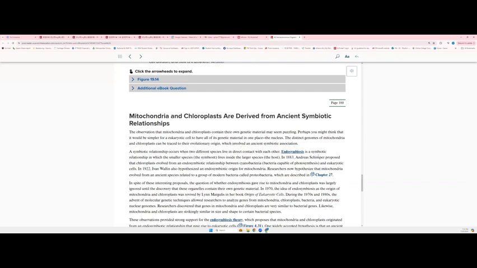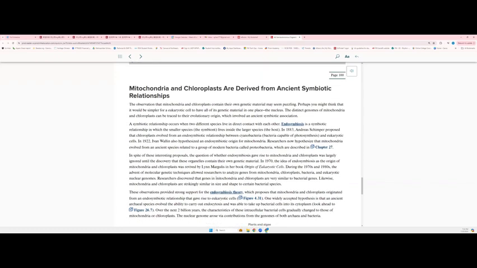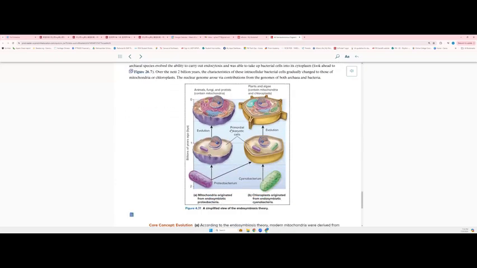This concept is a relationship in which a small species lives inside a large species. So basically, what is this hypothesis saying? This chart gives the details about how this process goes.